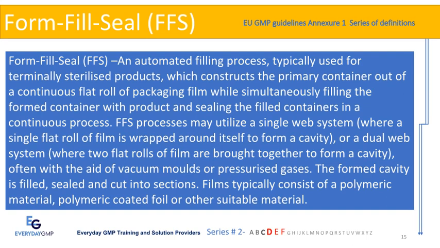FFS processes may utilize a single web system, where a single flat roll of film is wrapped around itself to form a cavity, or a dual web system, where two flat rolls of film are brought together to form a cavity, often with the aid of vacuum molds or pressurized gases. The formed cavity is filled, sealed and cut into sections. Films typically consist of a polymeric material, polymeric coated foil or other suitable material.